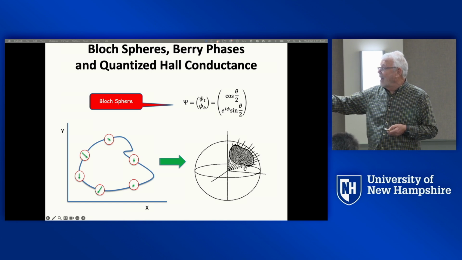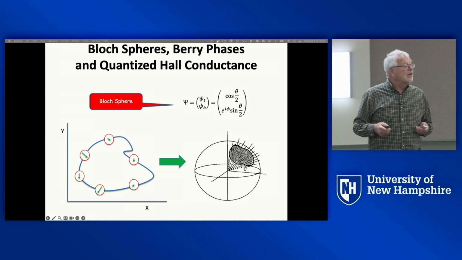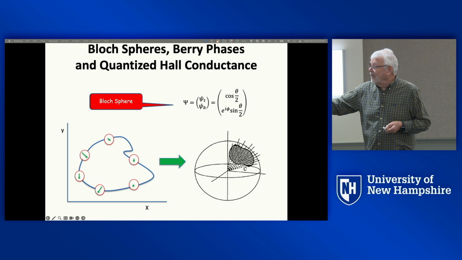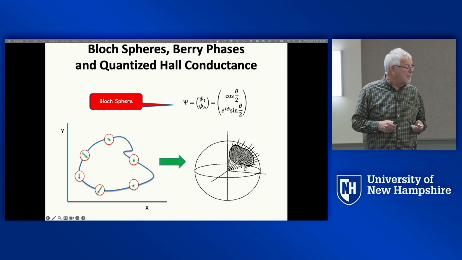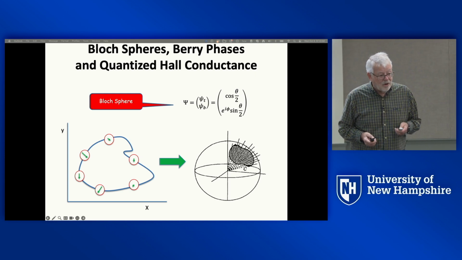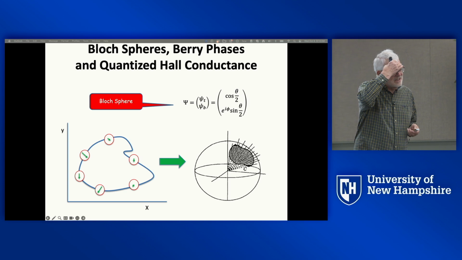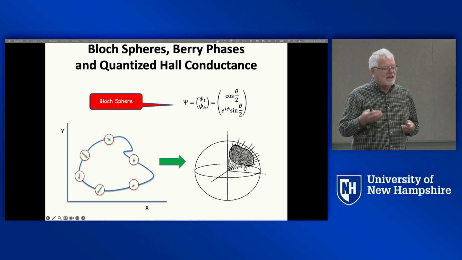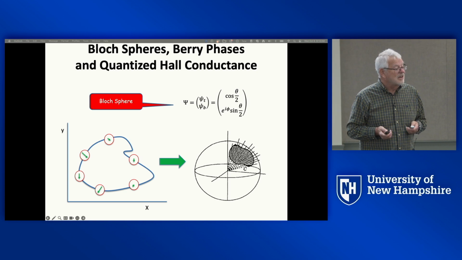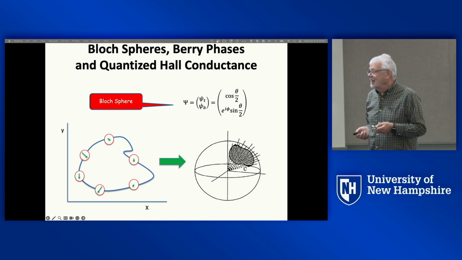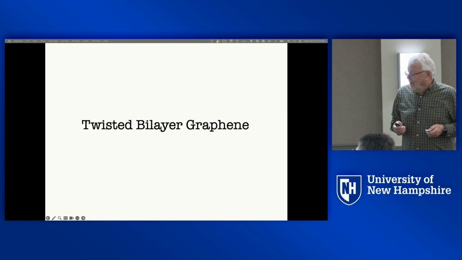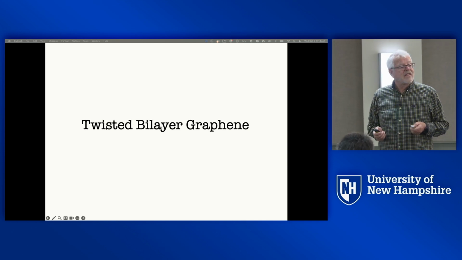And if you go around paths, for example, paths in momentum space that enclose area on this Bloch sphere, then you get a Berry phase. Okay? And so the degeneracy of the states, or quasi-degeneracy of the states, makes it very easy to create topologically interesting states.